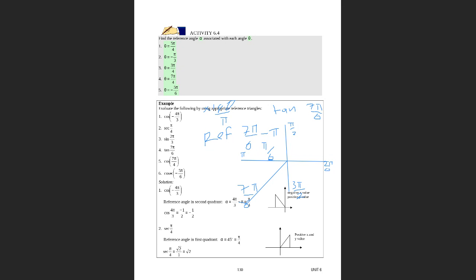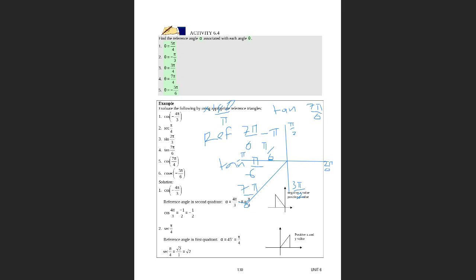And then you can easily see that tan 7 pi over 6 is the same as tan pi over 6. And it's a special angle, so you can always calculate using the special triangle. In the third quadrant, tan is positive, so there's no need to change the sign.